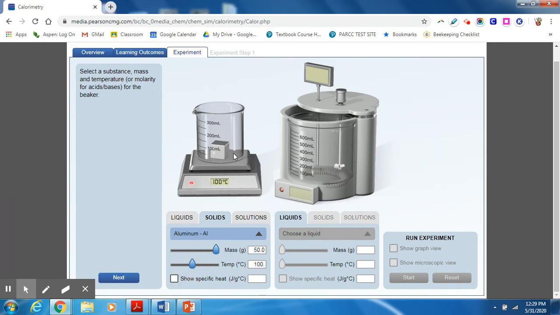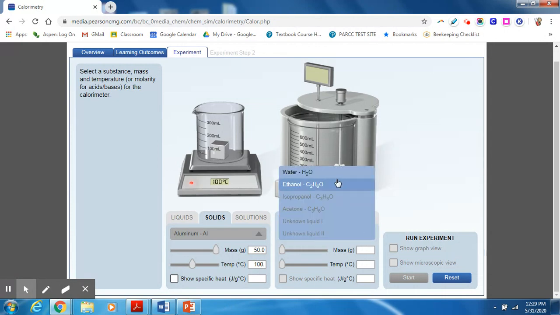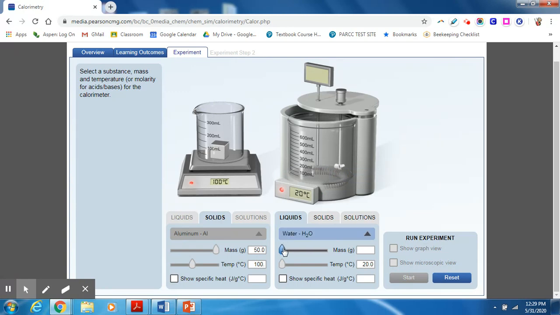That's our starting metal. Now, what we can use is something called a calorimeter. So this is a calorimeter. In a calorimeter, we add something like water, for example, about 150 grams of water. And that water will be held at about 20 degrees Celsius.